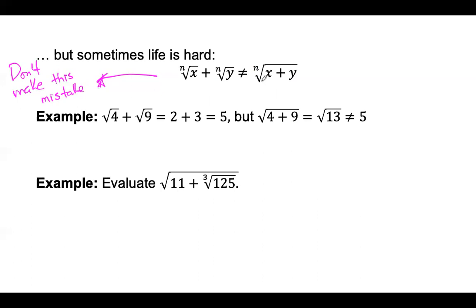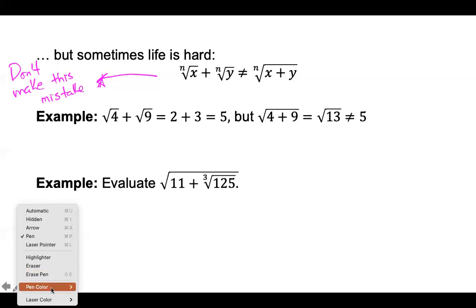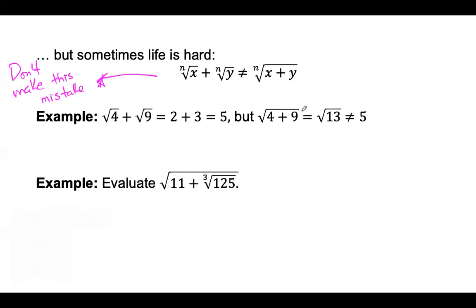Anyways, so don't make this mistake. These are not equal. They're not equivalent. And why is this? So here's an example. Let's say n is equal to 2, x equals 4, and y equals 9.